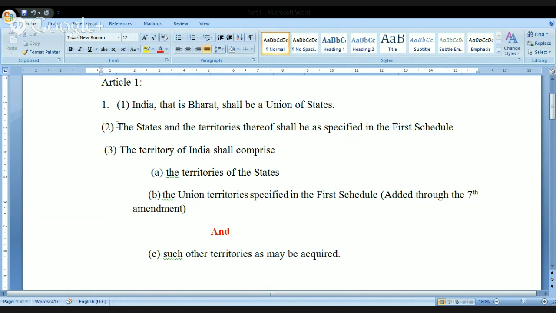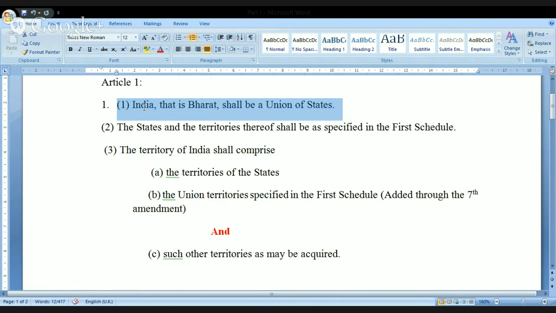Now let us go article by article, clause by clause. Let's try to understand. Now look at this. If you look at Article 1, Clause 1, it is saying very clearly about India. Because we are talking about our own constitution, that is called the Constitution of India, in the beginning itself they try to say what exactly India is.